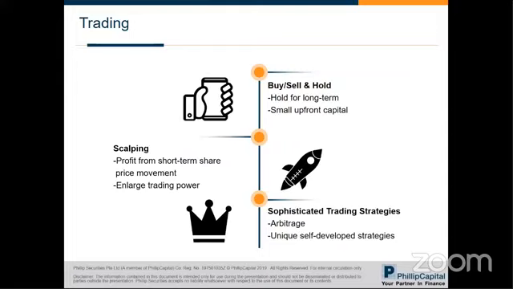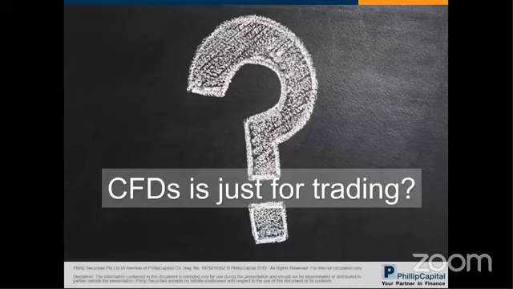Some people also use CFD for sophisticated trading strategies such as arbitrage or their self-developed strategies, or even for hedging purposes. People can use FX to complement their equities or their foreign shareholdings. You can do a lot of things with CFD. I would like to request all of you to share what you think CFD can do for your portfolio.